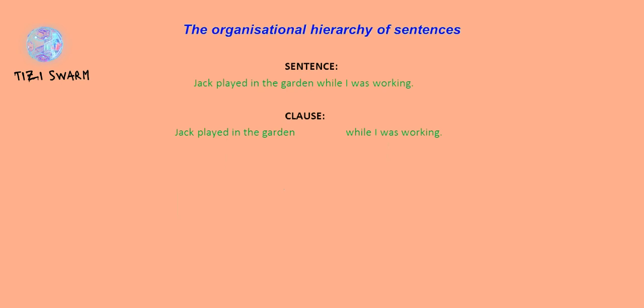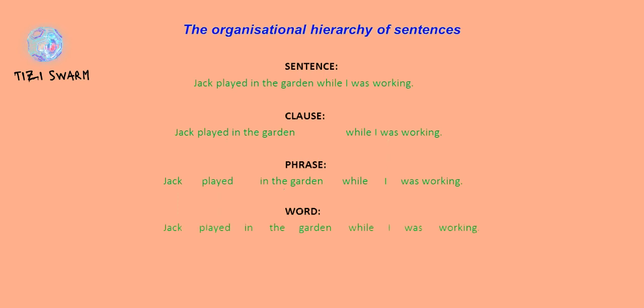Clauses, we can break clauses down into phrases. So if we look at the phrases, that's what the clauses break down into. Okay, and we're going to look at how and why they're in such a way in the next slide or two. And then finally separate those out into the individual word components.